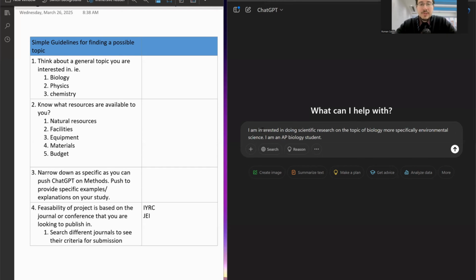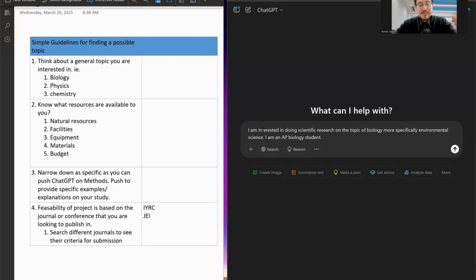You want to also add resources. What is available to you? That is something critical that you need to think about, right? As a high schooler or an undergrad, in your college or university or high school, you should have some resources available to you, in the campus, lab facilities.